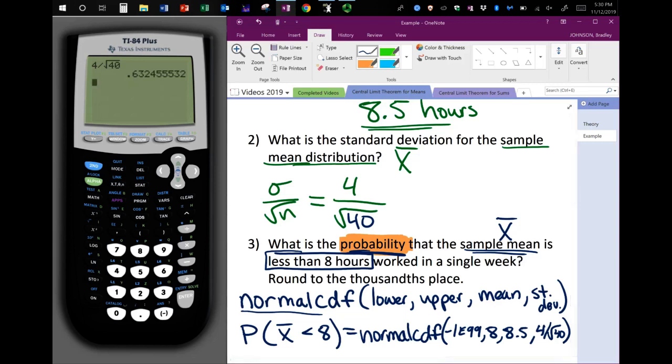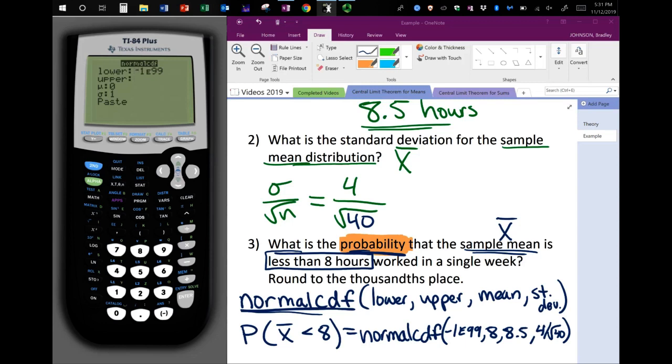Now, do you recall how to get to the normal CDF button in your calculator? You should go second vars, and it's number 2. Now, if you have the 83, you know that you have to type it in with commas, just as I did written out here. If you have the 84 plus, you will have the menu.